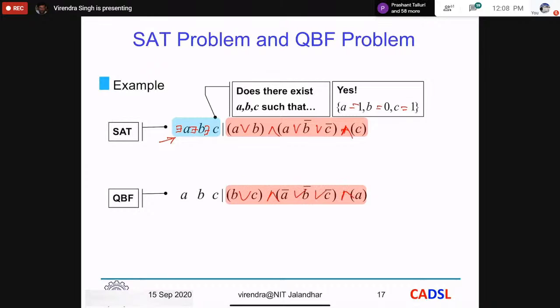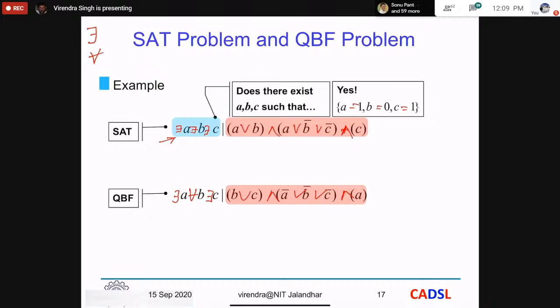Now what I want to do here is, in QBF, I have a mixed kind of quantifier. That means there can be two quantifiers. One is existential, which means I need one instance of that, and another is for all, which says that for all the instances of that particular variable. So there are some existential and some for all.